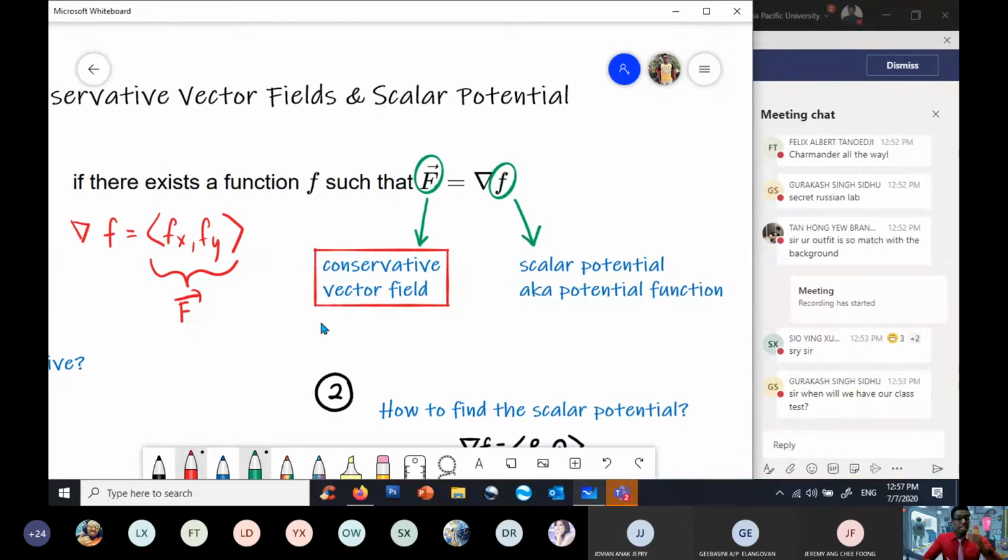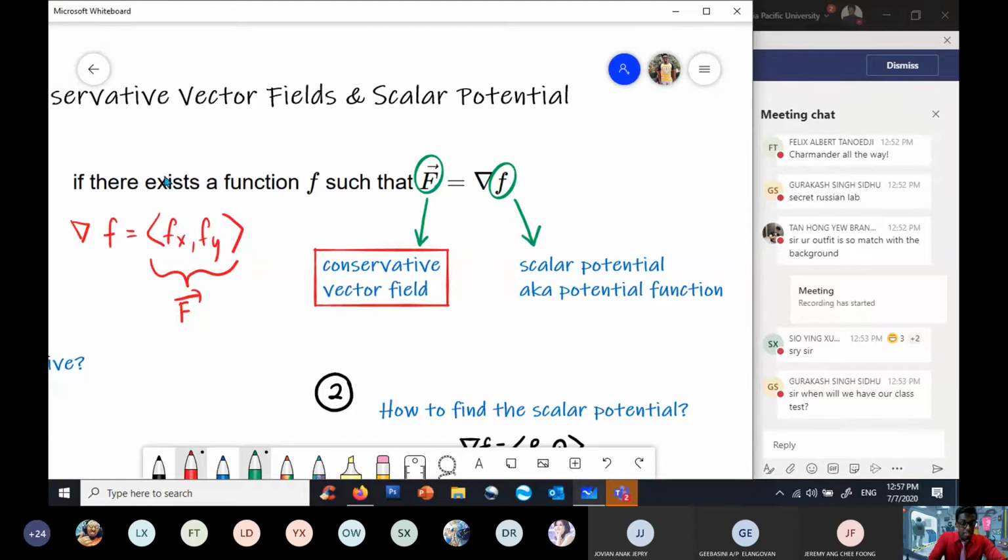Meaning that when I give you a vector field or a vector function, it means the same thing. If you can find a function such that when you find the gradient vector, you get back this capital F, then this vector is a conservative vector field.